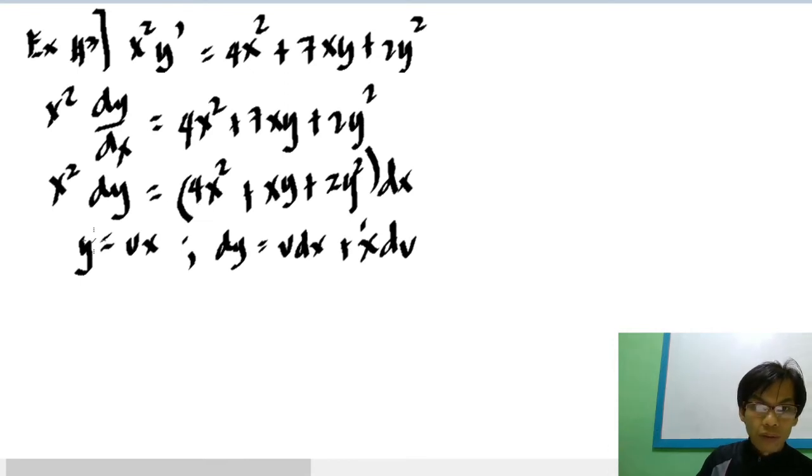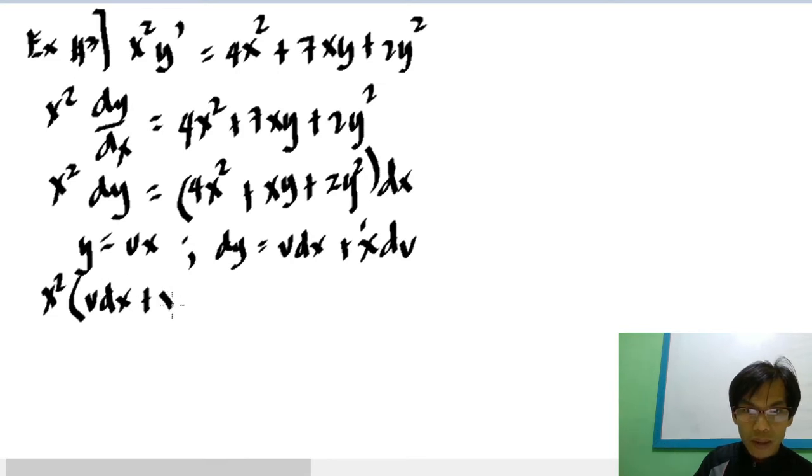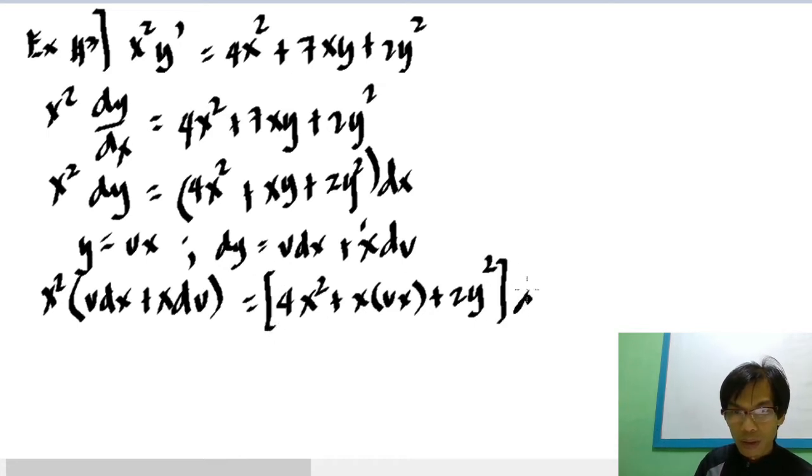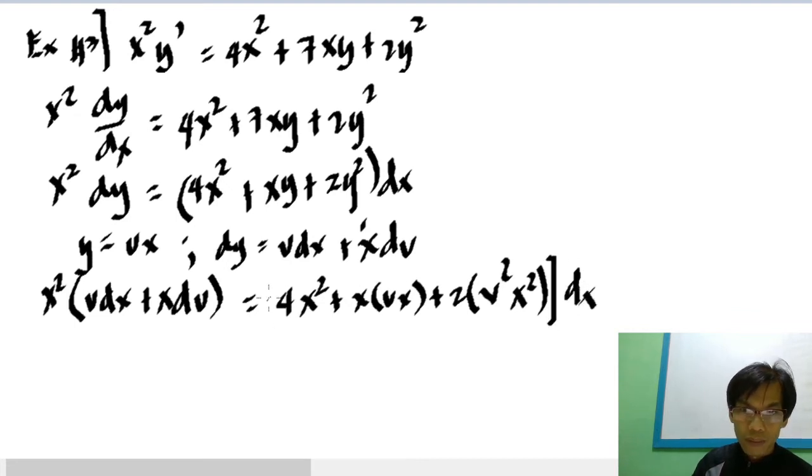Now, if we substitute this into our equation, x squared times our dy, which is v dx plus x dv, equals 4x squared plus x times vx times 7 plus 2y squared, and y squared should be v squared x squared, times dx.